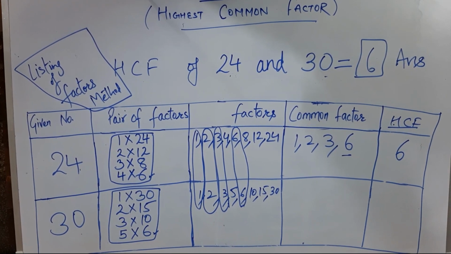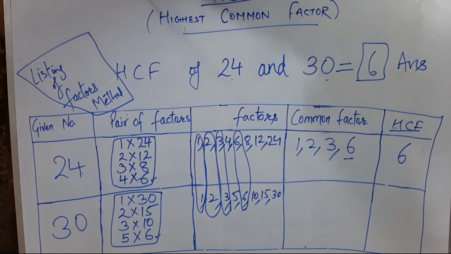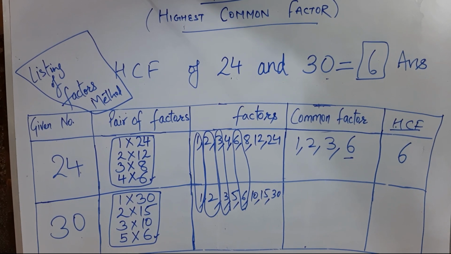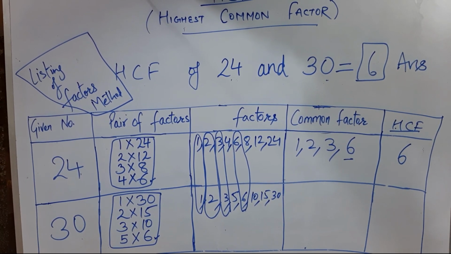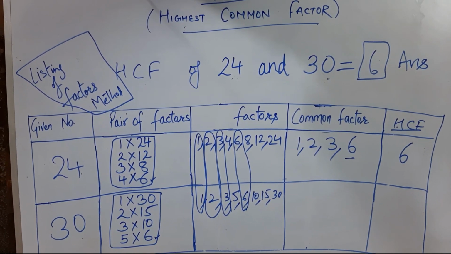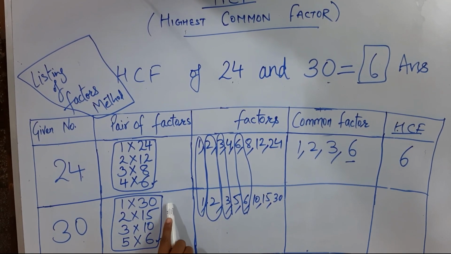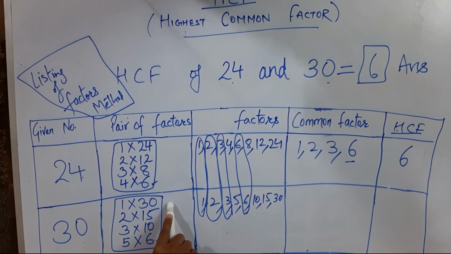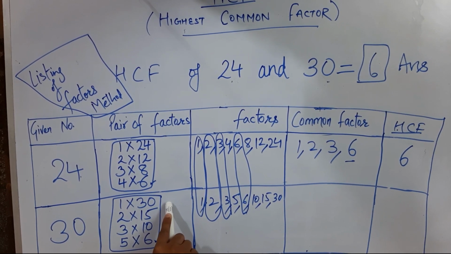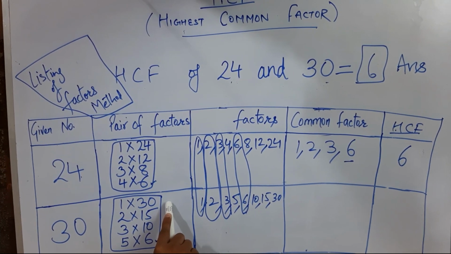Okay kids, I hope you understand. In my other class I'll tell you another method also to find the HCF. Till then you practice this method, revise your tables so that you can easily and rapidly find out the HCF of given numbers.